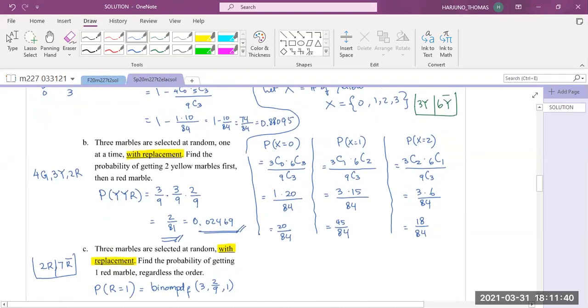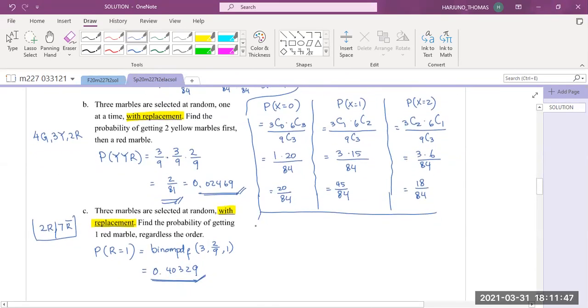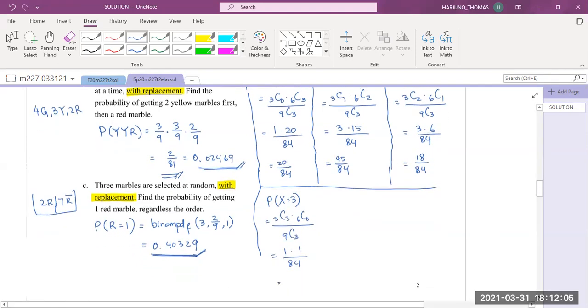And the probability that we get 3 yellows will be 3 choose 3 times 6 choose 0 over 9 choose 3. That's 1 times 1 over 84. That's 1 over 84.